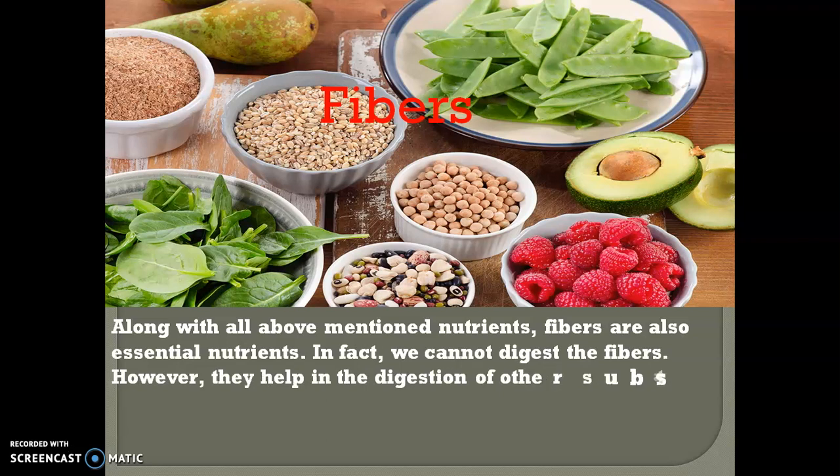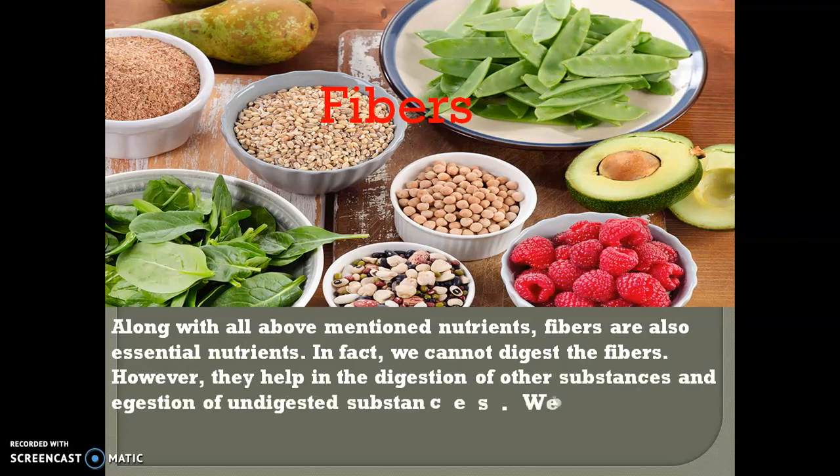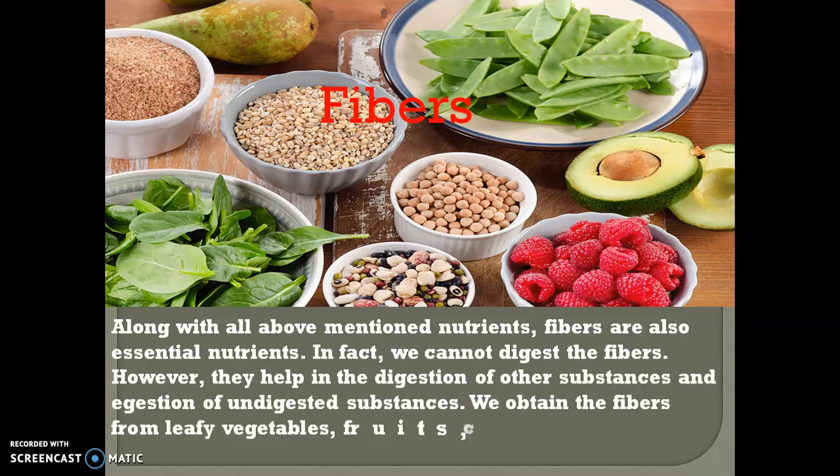In fact, we cannot digest fibers. This is one thing you have to remember, children. We cannot digest fiber, and the reason is that to digest fiber we need cellulase, which is not produced in our body. However, it helps in the digestion of other substances and the removal of undigested substances.